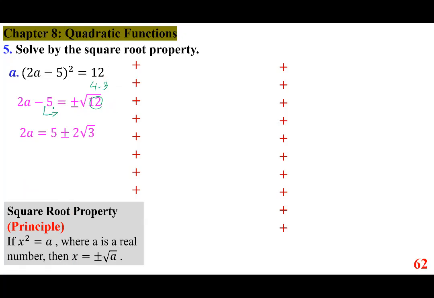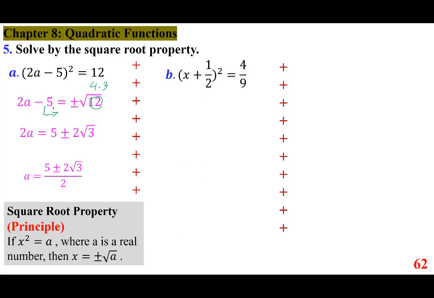We are almost done. Divide by 2. And you can leave it like that. This is the exact answer. We have 2 exact answers. If we could combine them, we should. If they ask for exact answers, you're done. If they ask for an approximation, then you use a calculator with a bunch of decimals.